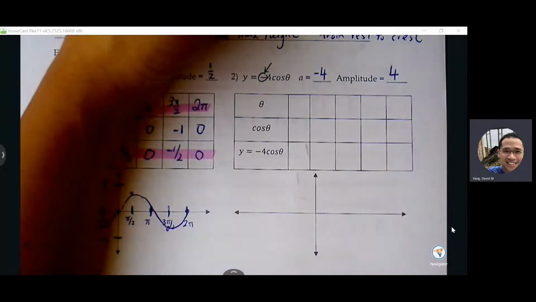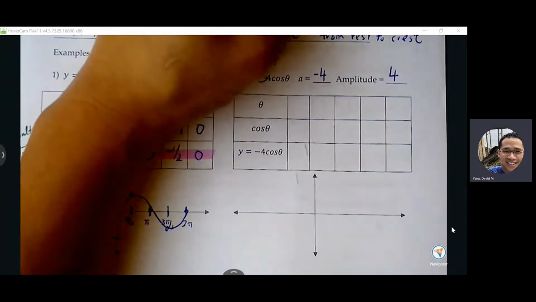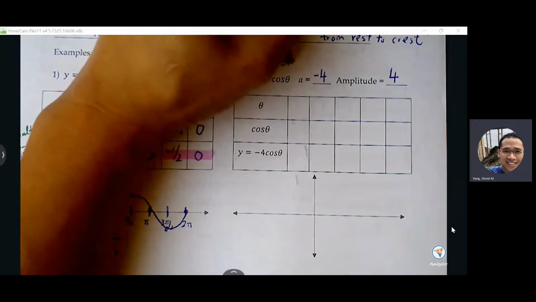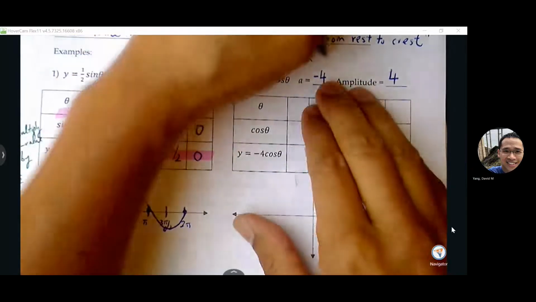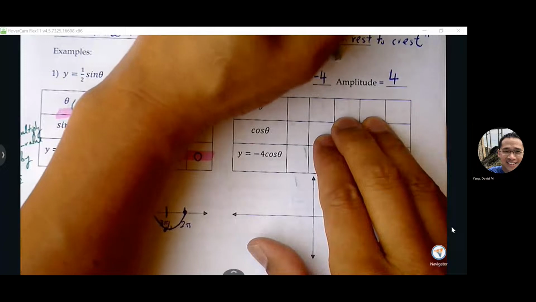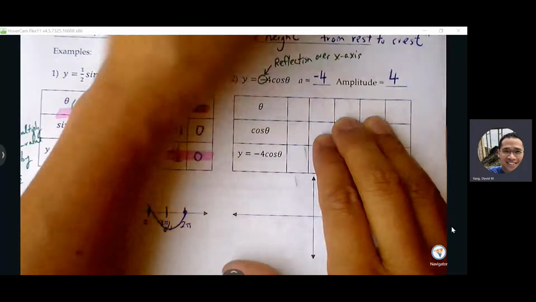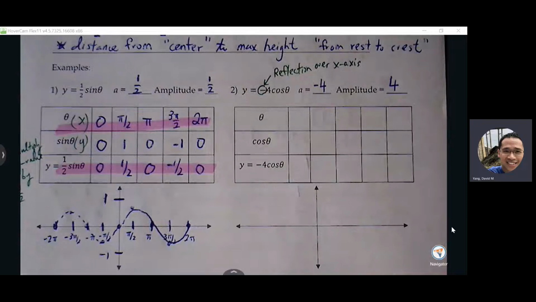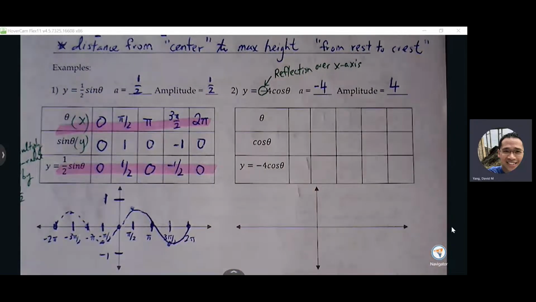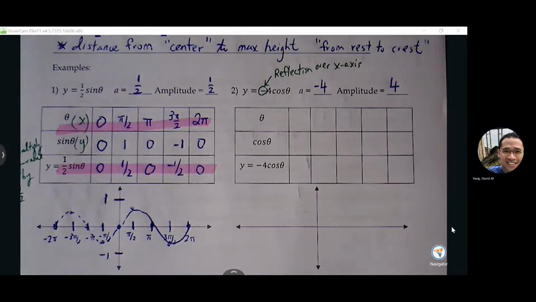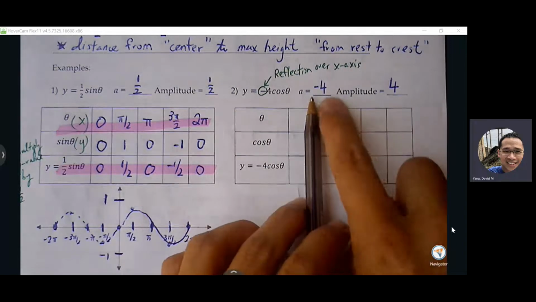Good. Okay, it's a reflection. So when you see a negative in front, just know that it's doing a different thing than the number that you see. So the negative is a reflection, and the 4 is the amplitude.